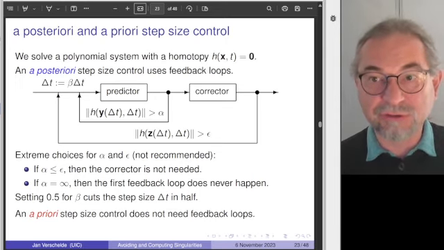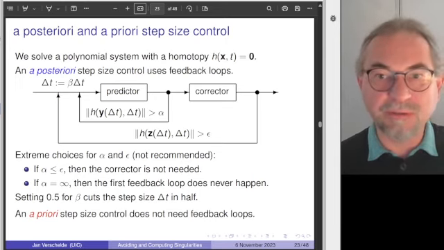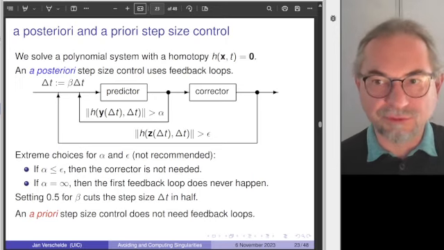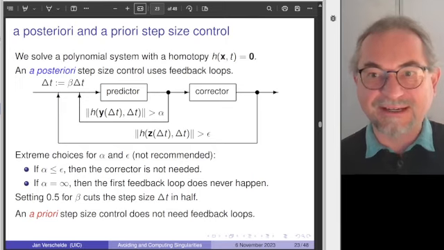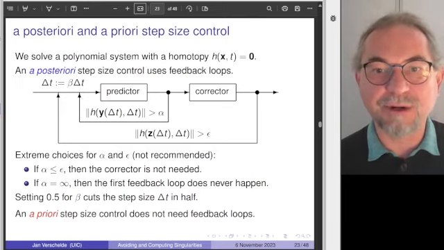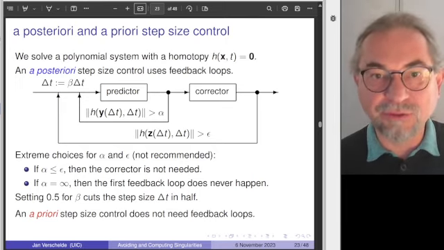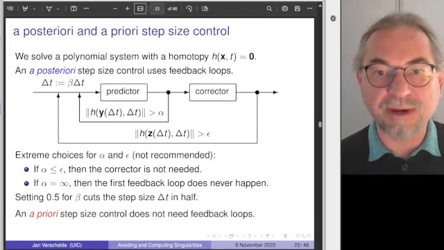If the corrector doesn't converge, you often know that you immediately have to cut the step size. That also greatly reduces the risk of path jumping, by the way. But in general, an a posteriori step size control uses this feedback loop.